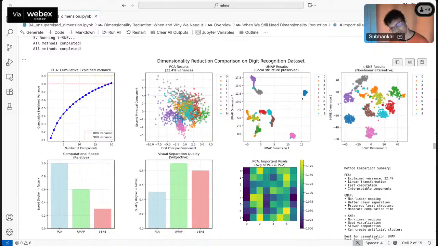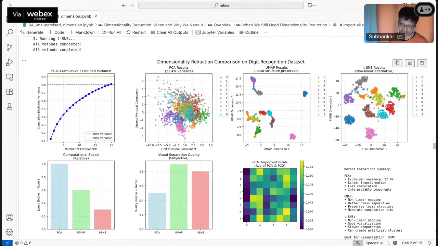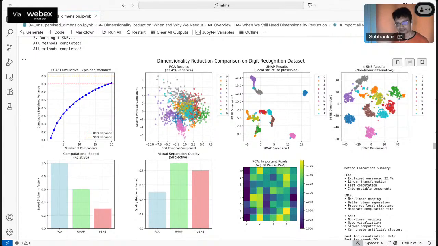UMAP, you see, looks pretty nice. All the coloring points I mapped to digits. They look very nice, separated far away from each other. t-SNE also does that. So t-SNE does well, UMAP also does well. But with UMAP, for example, zero is very far away from others.